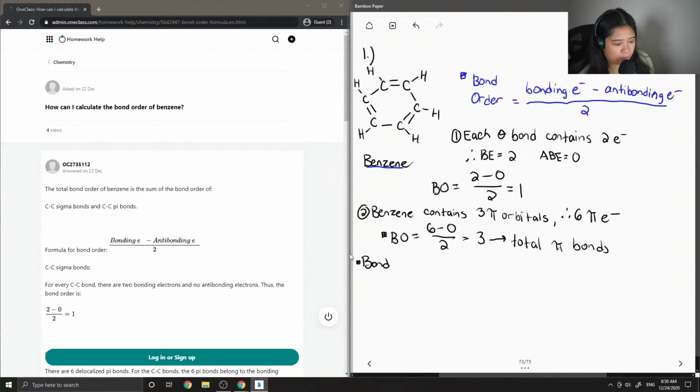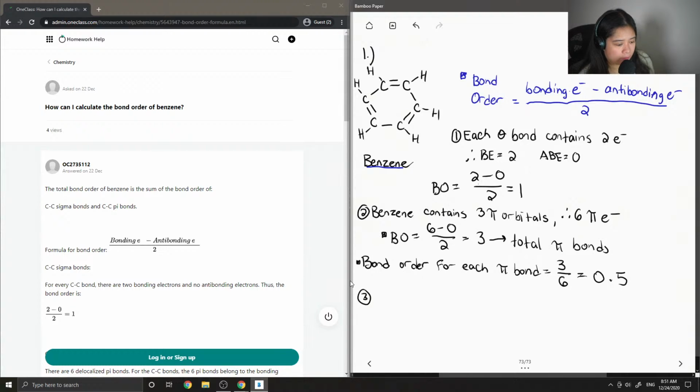But for each pi bond, I'm going to divide the 3 by 6, since there are 6 pi electrons. So this bond order is 0.5.